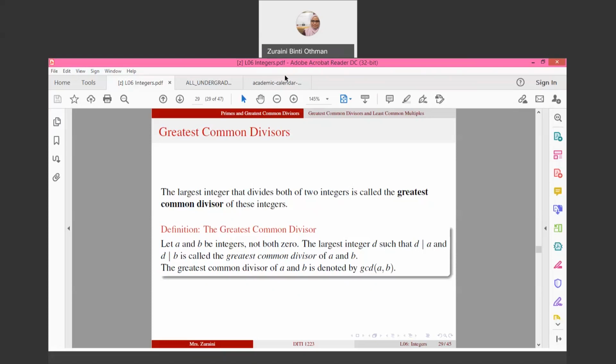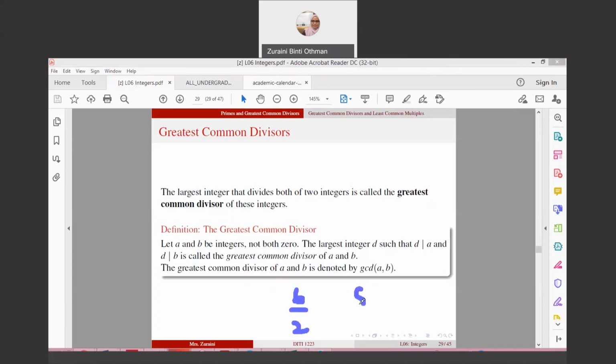Okay, so sekarang greatest common divisor ni macam kalau kita ada satu nombor kan. Contohnya 6 terbahagi dengan 2. Okay, lagi satu ialah 8 dengan 2. Okay, so now we know that this is the greatest common divisor for 6 and 8. Macam itulah maksudnya. Greatest common divisor.